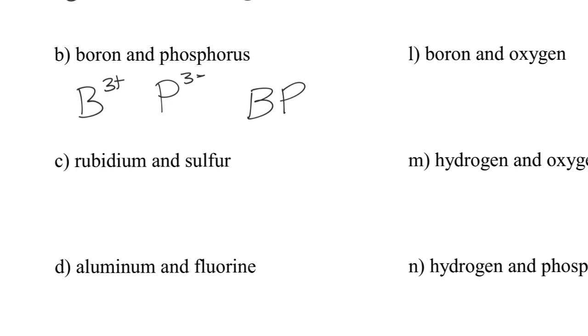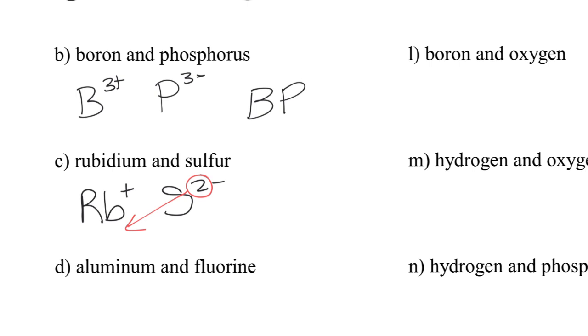Okay, let's look at rubidium and sulfur. So rubidium has a +1 charge. Sulfur has a 2- charge. So here we're going to crisscross that 2 down, but there's no number on the rubidium. Now remember, when we write these charges, we never write 1+ or 1-.